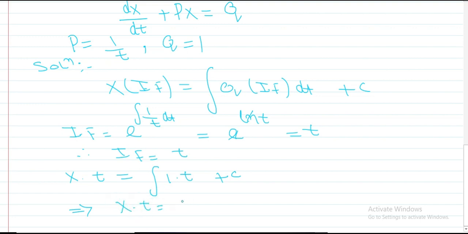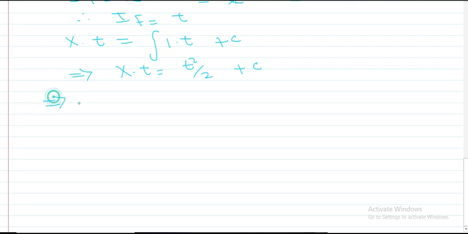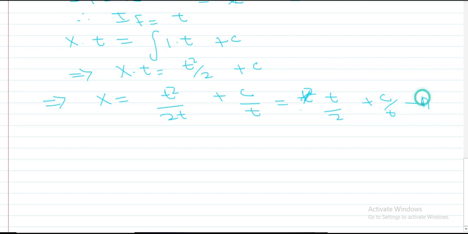That's t squared by 2 plus c, which implies that x equal to t squared by 2t plus c by t, that's t by 2 plus c by t. Call this equation A.